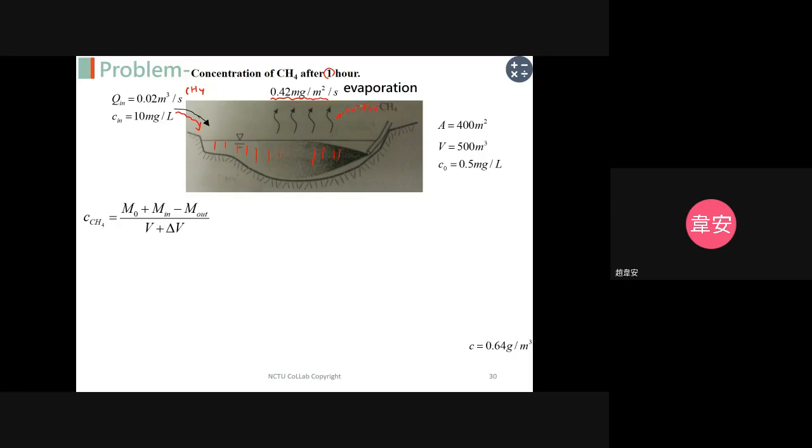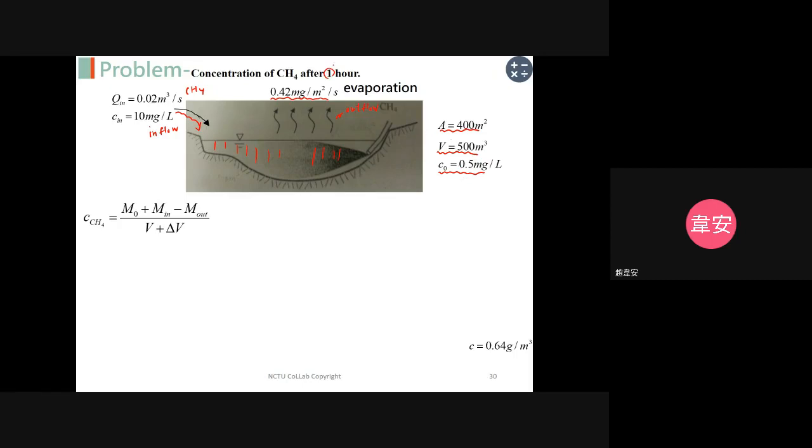So we have the inflow here, and we have the outflow here. And I tell you the surface area is 400 square meters, and the total initial water volume is 500 cubic meters. And this is the initial concentration of the CH4.